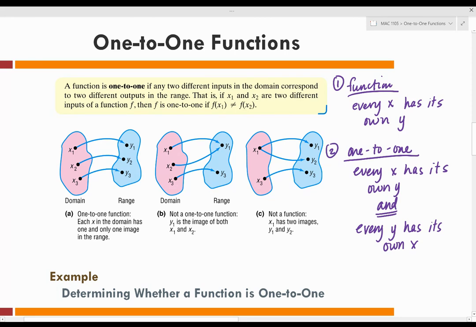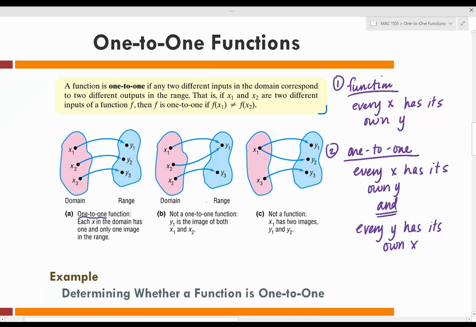Okay, so if we're looking at these pictures here, okay, in this example, all right, so the picture in A, okay, this is a one-to-one function. Okay, so it first passes the criteria for being a function, which means every x has its own y, but it's also one-to-one because every y also has its own x. Okay, so this is one-to-one.